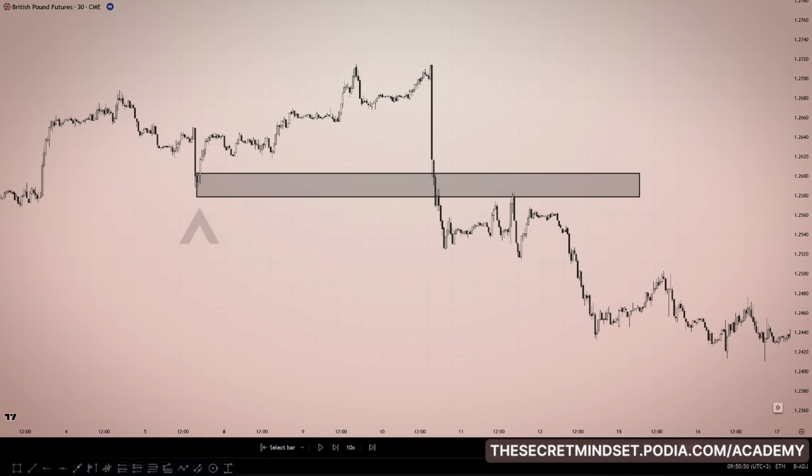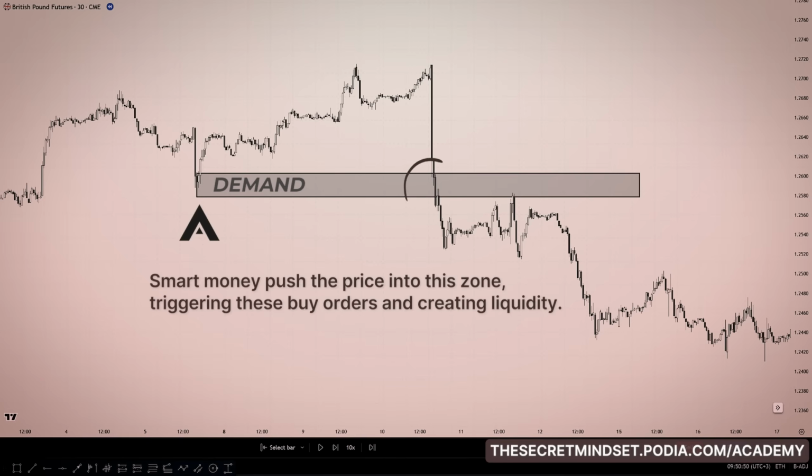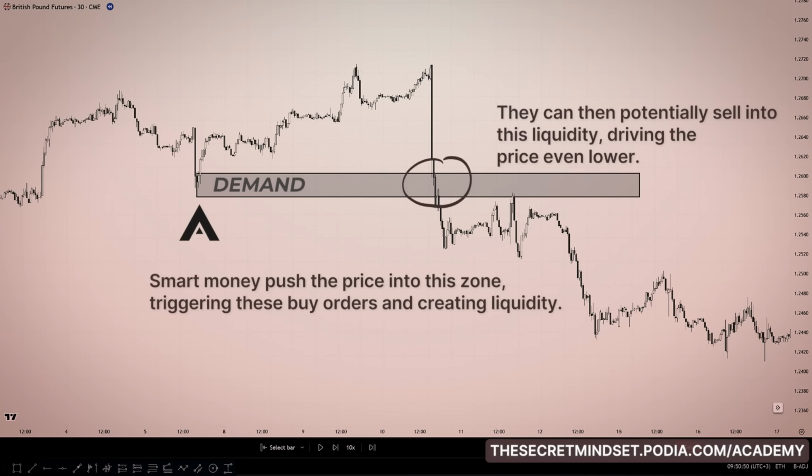For example, many traders might place buy orders at a strong demand zone. Smart money might push the price into this zone, triggering these buy orders and creating liquidity. They can then potentially sell into this liquidity, driving the price even lower. That's why you see so many demand zones that should work in theory, but in reality, they fail.